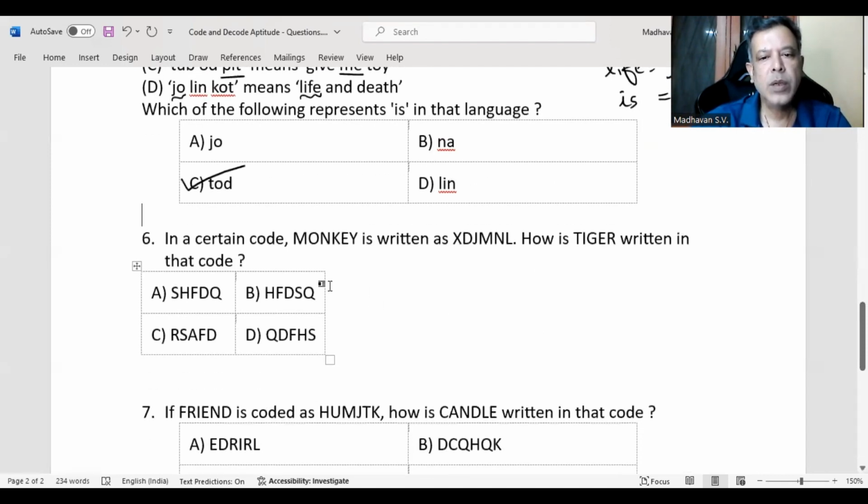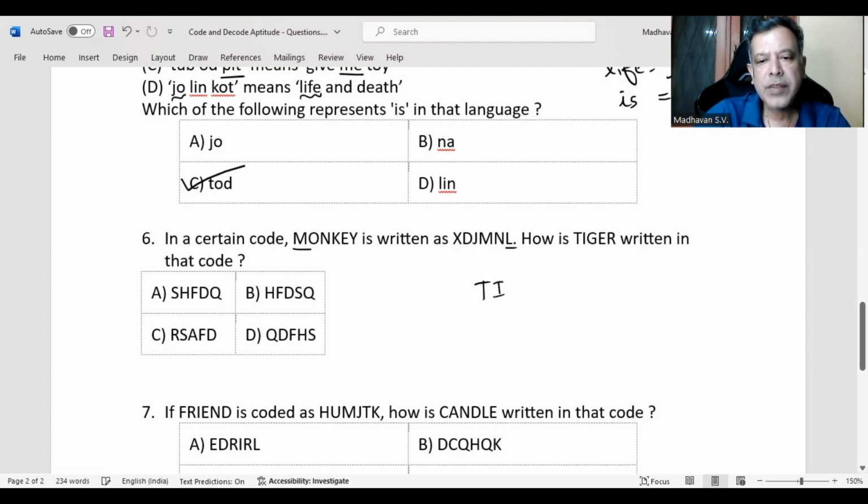In a certain code, monkey is written as XDJMNL. How is tiger written in that code? We may notice the previous alphabet to M is L. Means the previous alphabet is coming in the end.